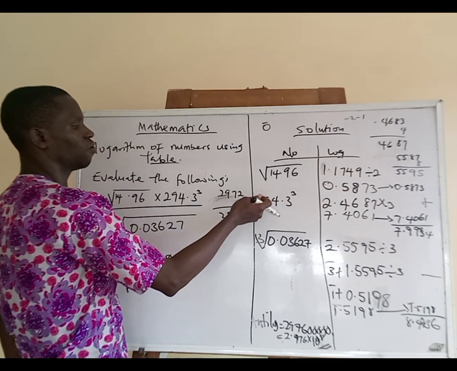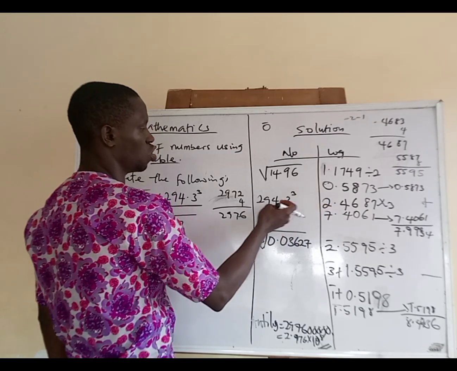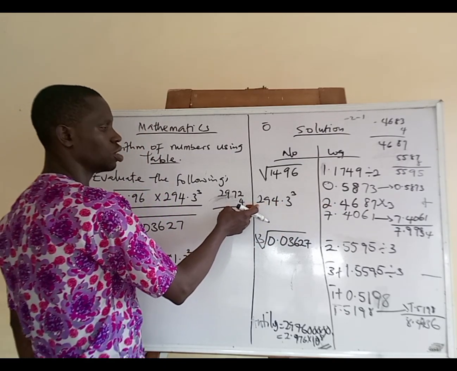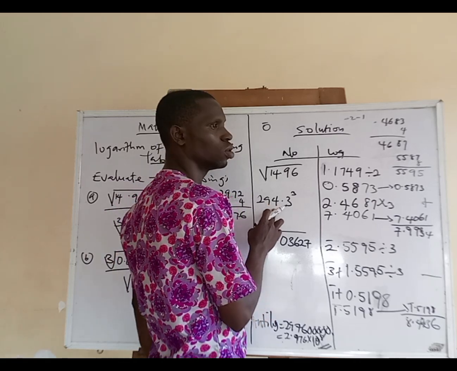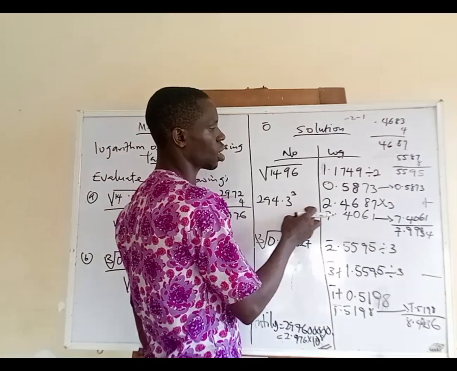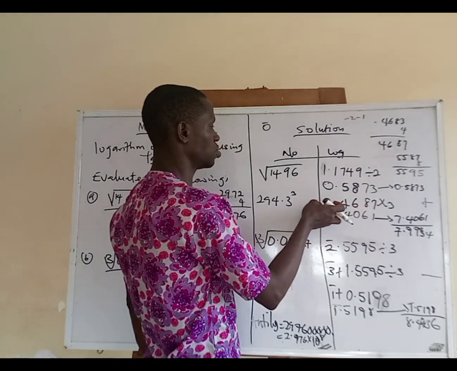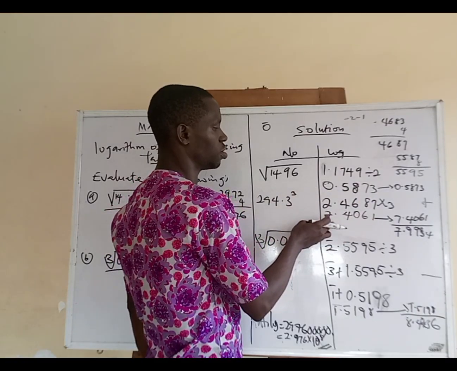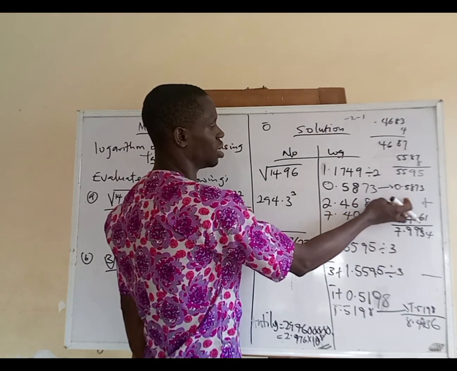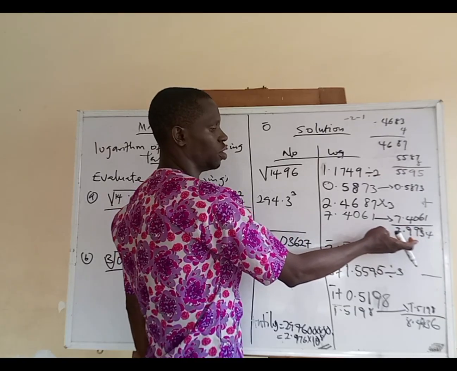So the integer of 294.3, that's 2. Of course, put this 3, subtract part from it. Then you check logarithm 29 under 4 difference 3, and you have this. Then you multiply by 3 because of the power. Then you have this. You draw it out, you add up your answers to give you this.